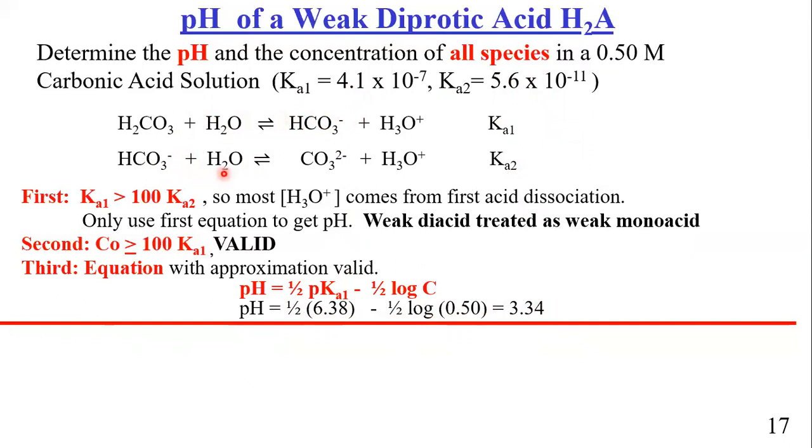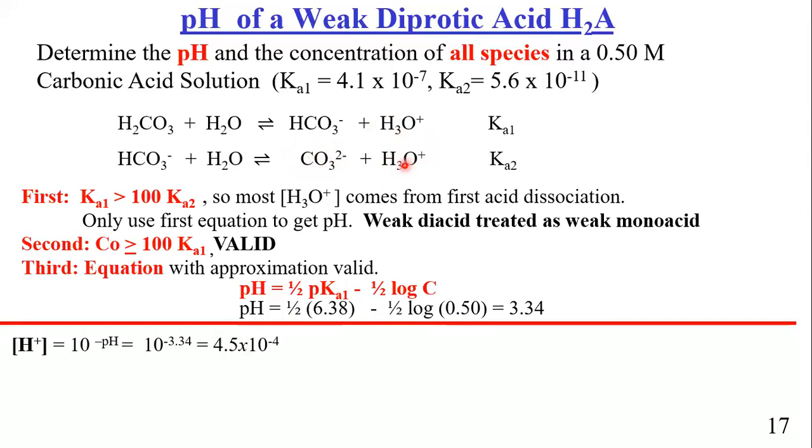If the second equation takes place, there's a minus y, if you will, here, and that amount is negligible relative to what I got from the first equation. Of course, I have the CO3 2 minus, which is only coming from the second equation. And I have H3O plus coming from both, but we said that the amount coming from the second is negligible.